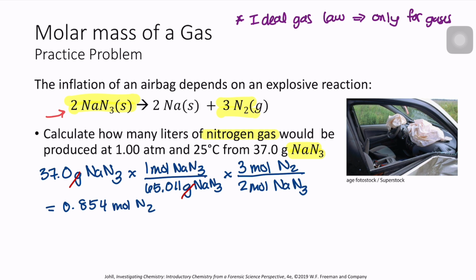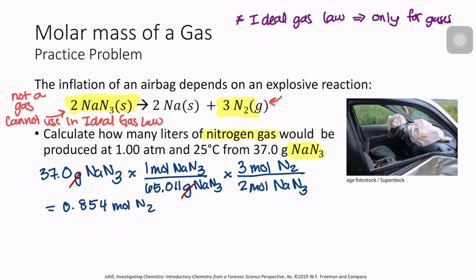Sodium azide is not a gas, so I cannot use it in the ideal gas law, right? Solids don't have pressures in the same way that gases do. The solid particles are not moving around and hitting the side of the container.